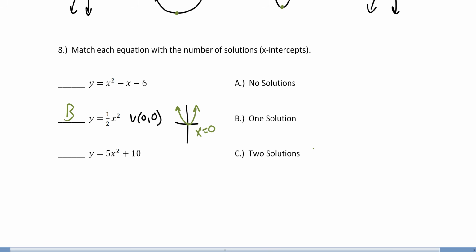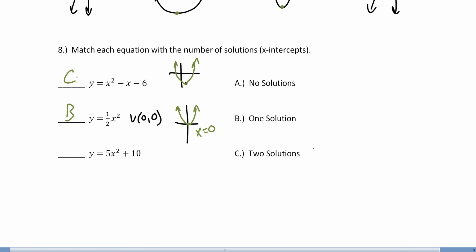Okay, we could do the same thing with the other ones. We could find the vertex, like in this one. If you were to find the vertex of this one, let's see, it's down here somewhere, and this one would open up, and so immediately you can see that it crosses the x-axis at two different places, so I would say it has two solutions.